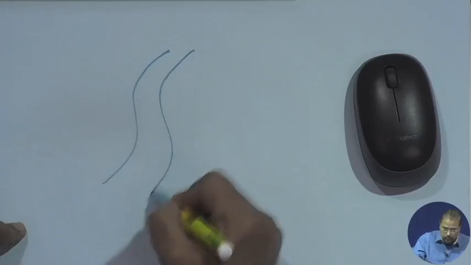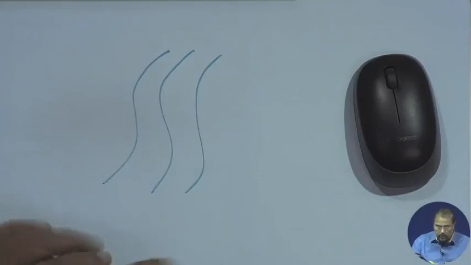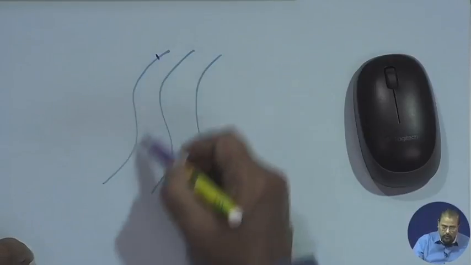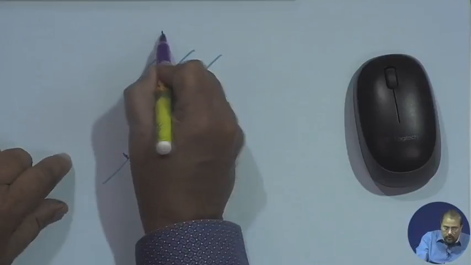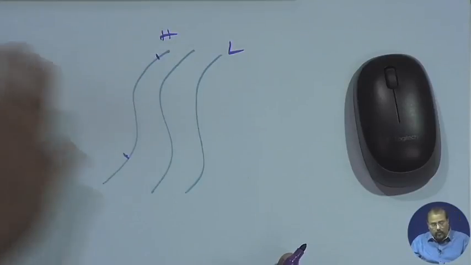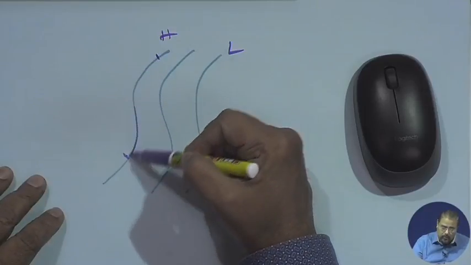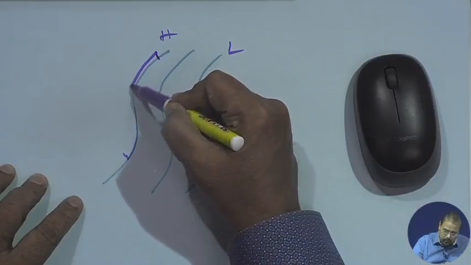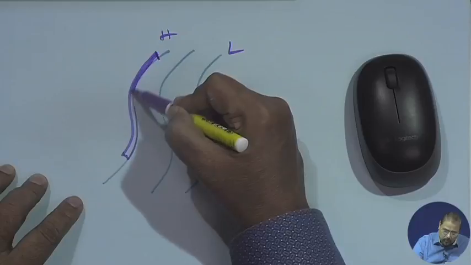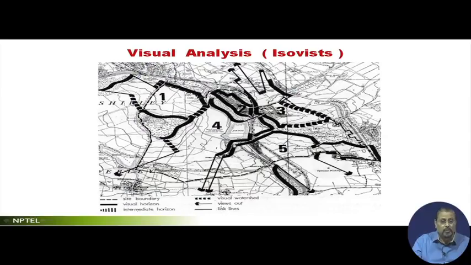Suppose starting from here to this, you have a good view potential downhill. This is high, this is low. If you travel from here to here at the same elevation and you still continue to see that good view, then this particular stretch is called visual horizon, which is this thick line in my map.